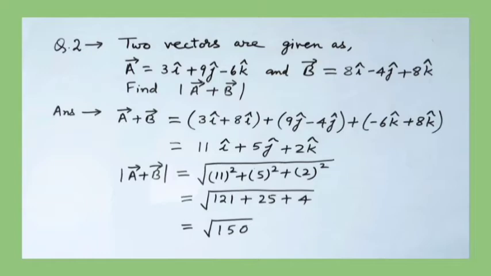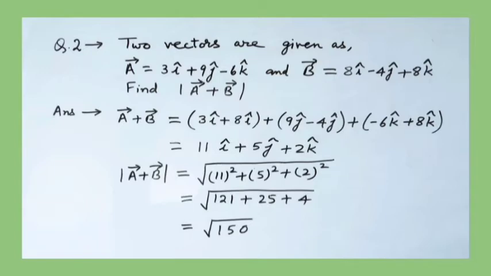Here, vector A and vector B are expressed in terms of their components. So, their addition means addition of their respective components. So, vector A plus vector B is equal to 3i plus 8i plus 9j minus 4j plus minus 6k plus 8k, which comes out equal to 11i plus 5j plus 2k.